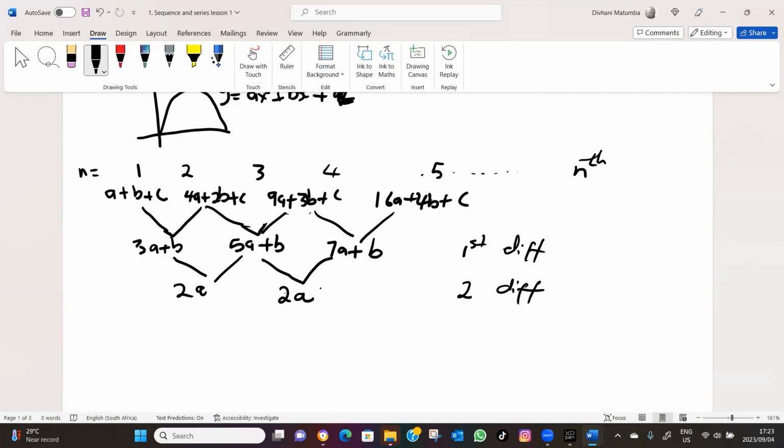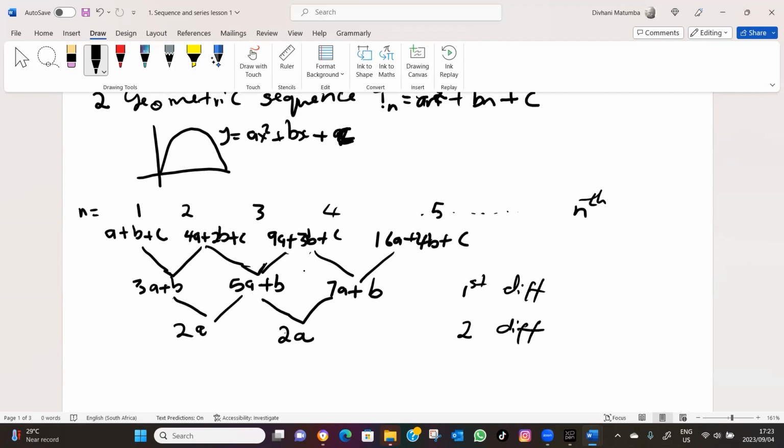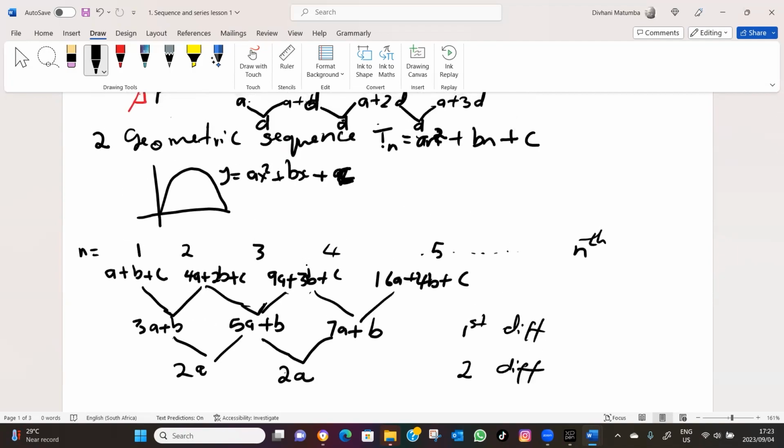If the second difference is the same throughout, you're solving a quadratic sequence.